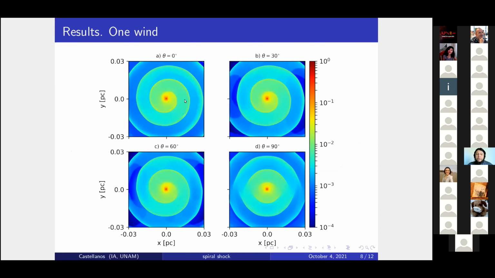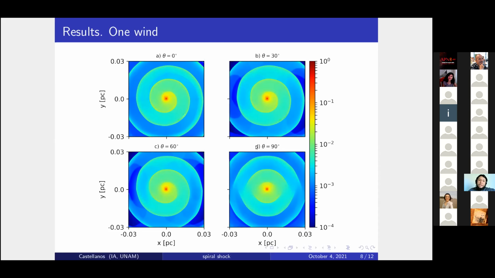We can observe a spiral structure for all orientations except for 90 degrees. In this case, we observe separate arcs that break close to the orbital axis.